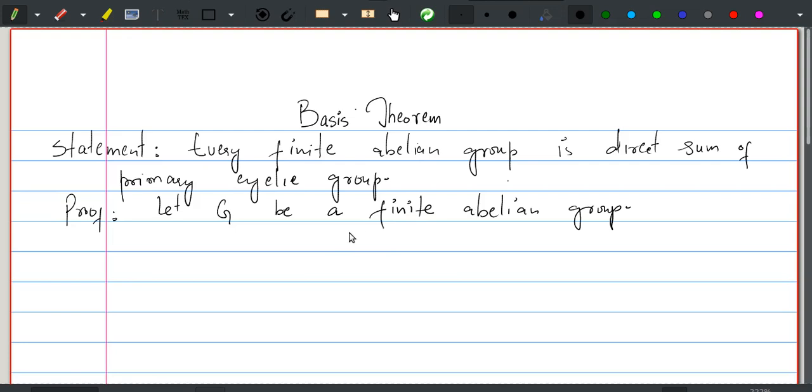This is because of the primary decomposition theorem, which states that every abelian group G is a direct sum of its p-primary components. So we may assume G is p-primary, and this is for some prime p.